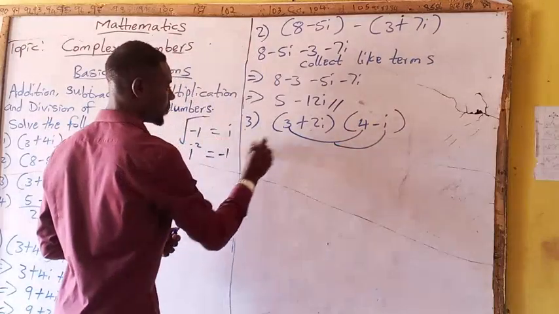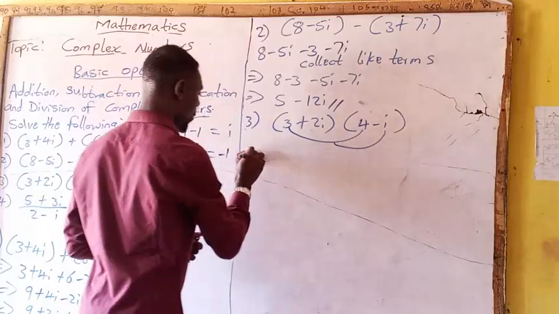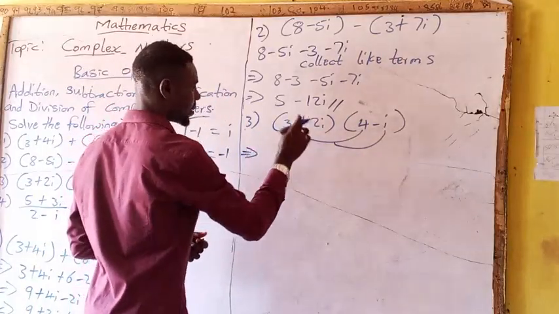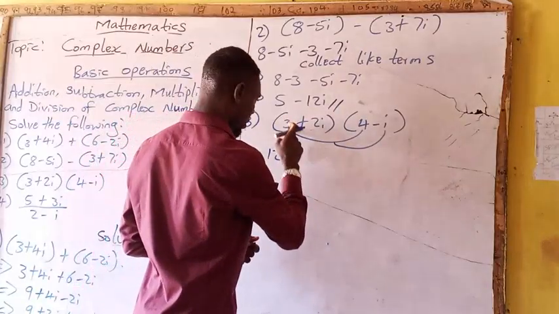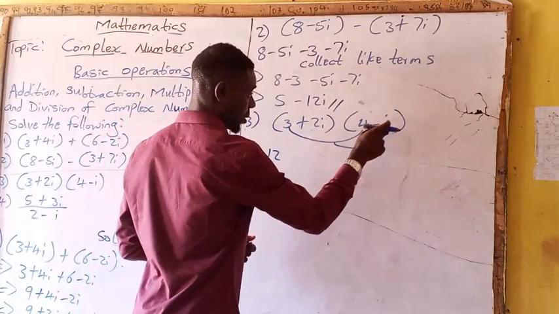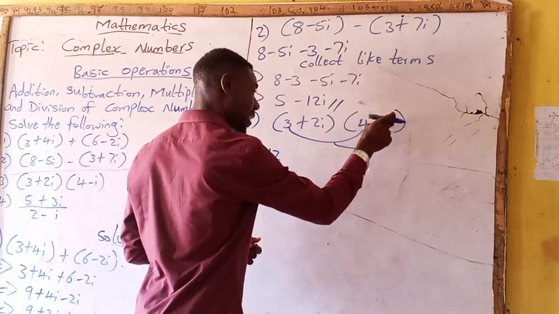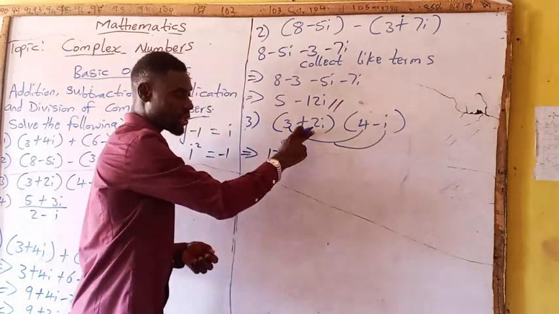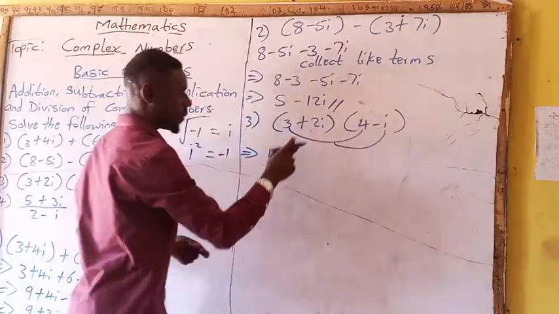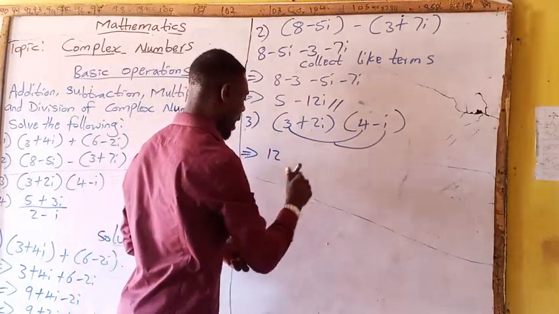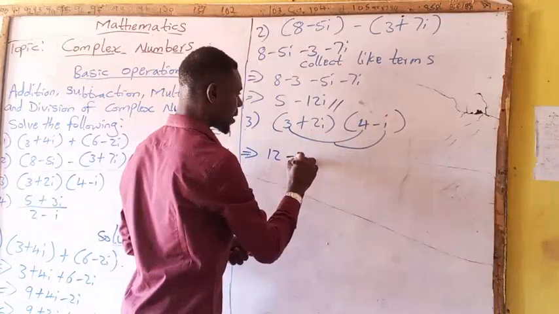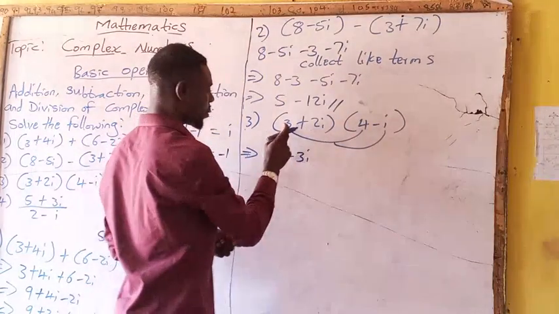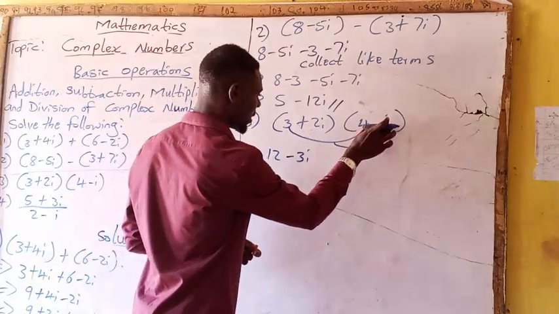We end up having 3 times 4, which will give us 12. Then 3 times i. This place is 1i, just like this one has 2i. So 3 times i will give us minus 3i, because there is a minus here. Now we are done using 3 to multiply everything in this bracket.